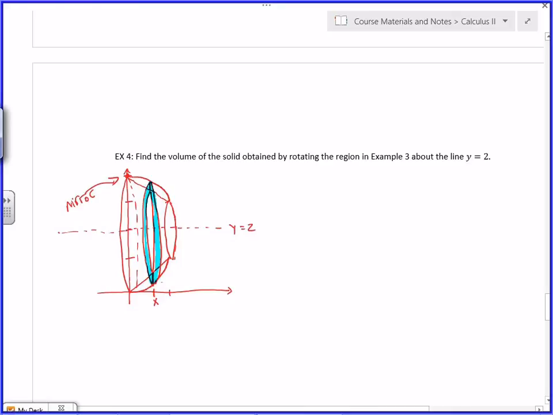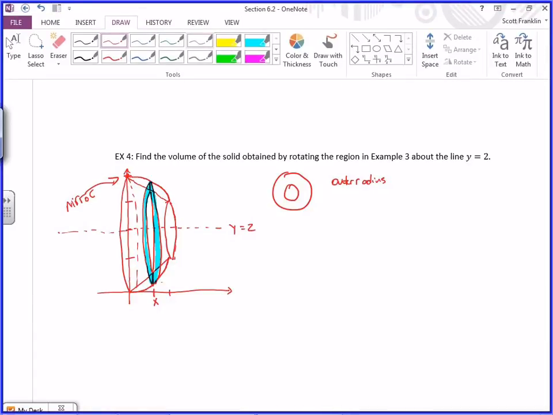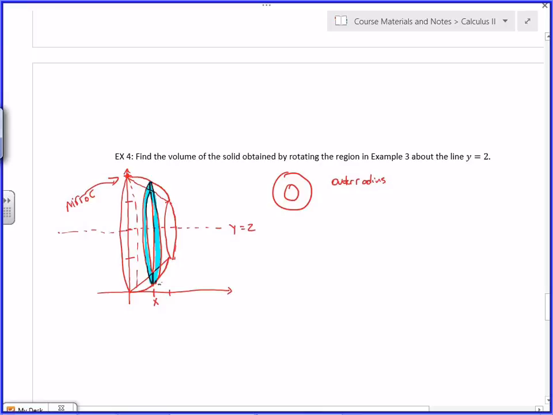Okay, so the cross-section, what's the outer radius? Now, this is where it gets tricky. The outer radius is using the x squared function, but on this graph, x squared is this height right there. What do I actually need to measure? I need to measure from the center of the washer to the outside of the washer.